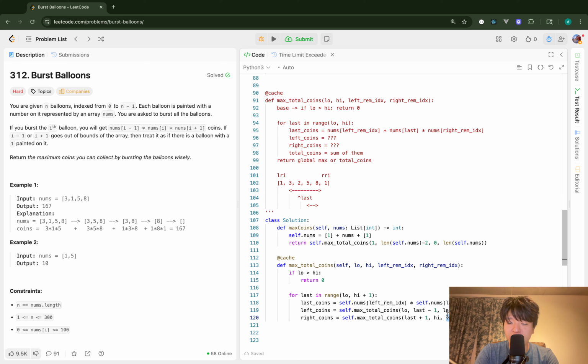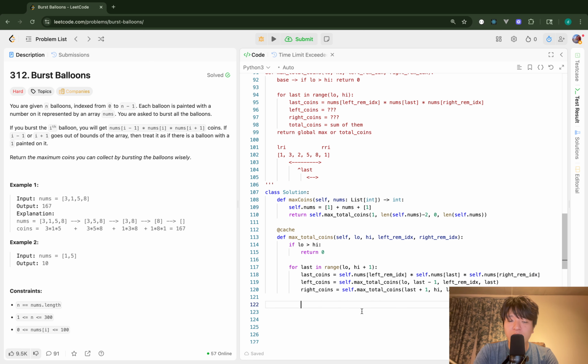The last should be specified. And for the right remaining index, there's no change, because on the right-hand side of the range there's no change. So in this way, I can calculate last coins, left coins, and right coins, and I can calculate the total coins.